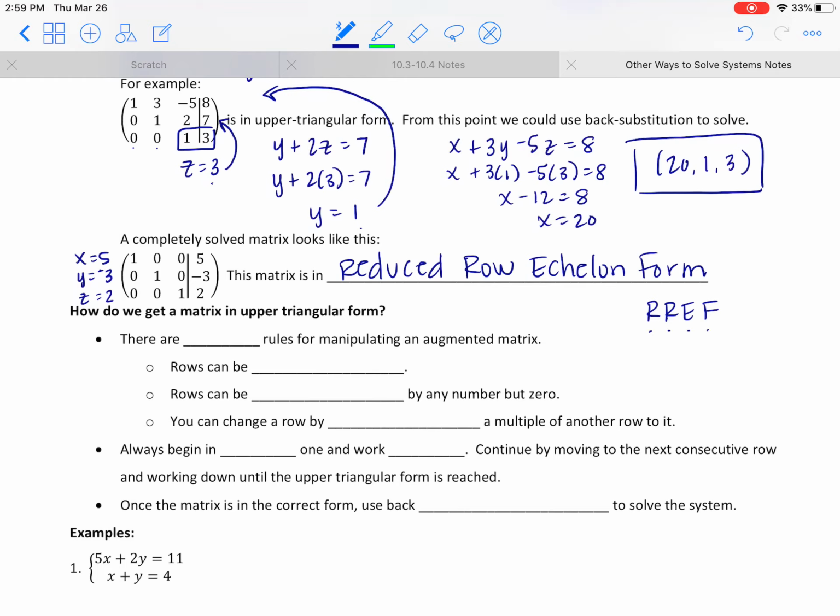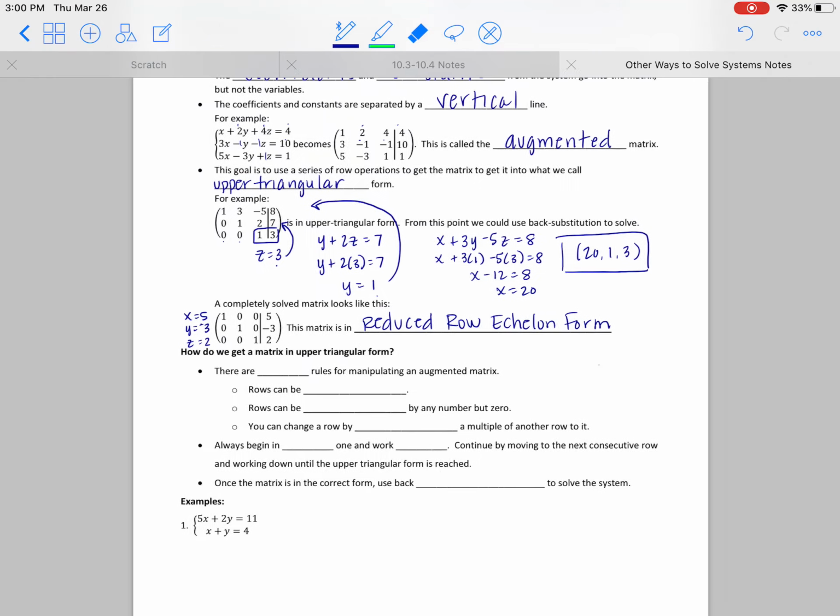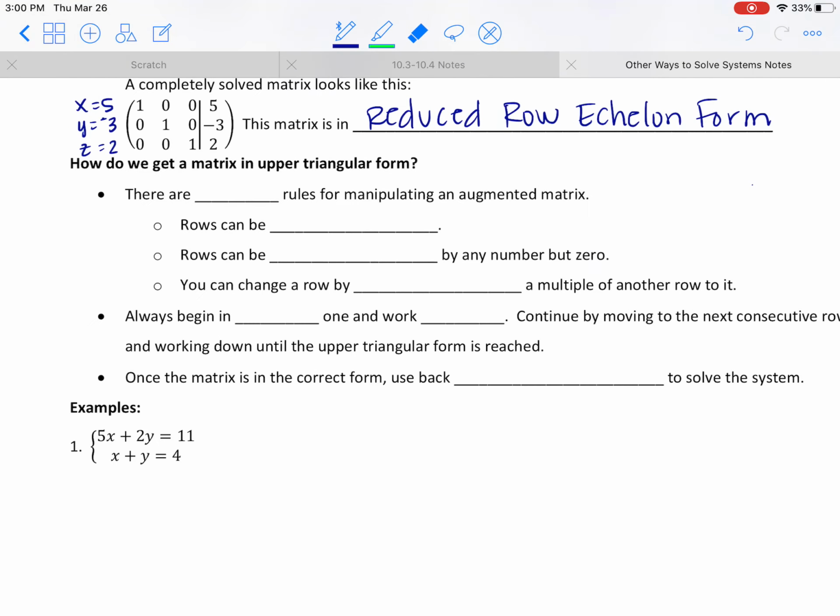That's basically asking your calculator to put it in reduced row echelon form. That's the language the calculator uses to say, hey, solve this system, okay? So I'm not so concerned that you know that language. Just know that when you're pushing that RREF button, you're telling your calculator to solve a matrix, okay? You're trying to get it to look like that.